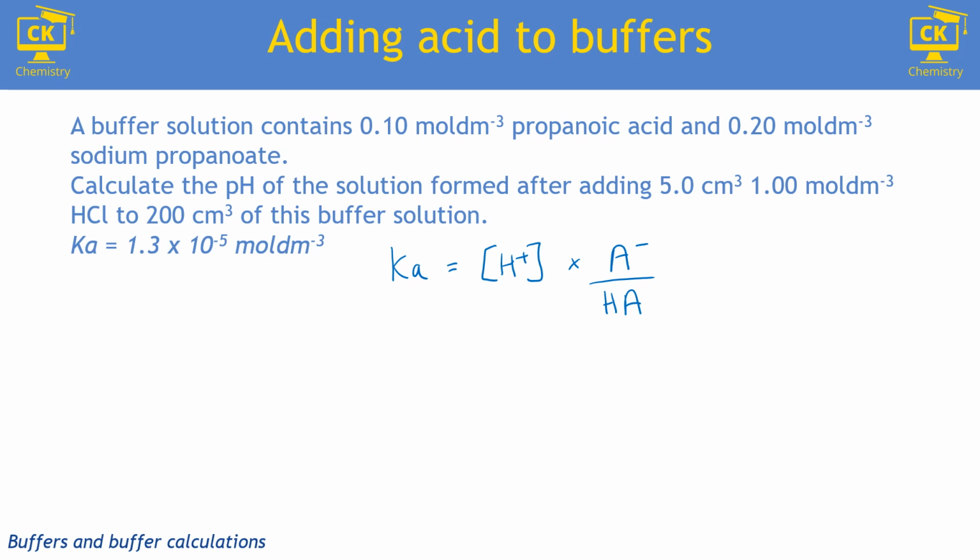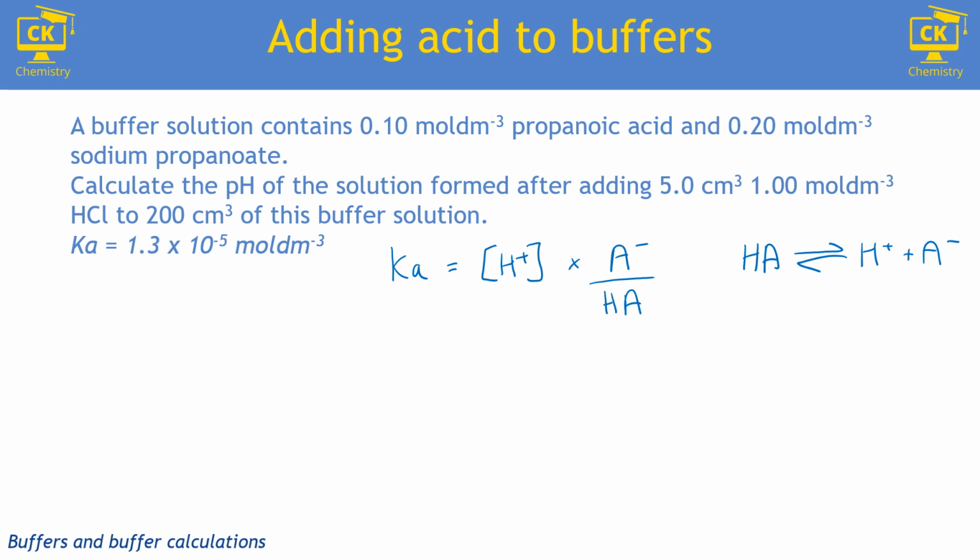It doesn't make any sense because the volume determines how many particles there are. So when I add acid, acid will react. So if I have HA present, I have H plus and I have A minus. By adding acid, I am adding H plus. The equilibrium will shift to the left.